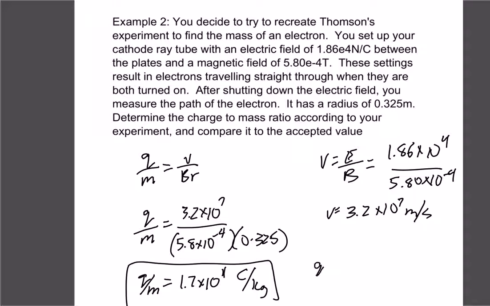So we know now that the charge of an electron is 1.6 to the negative 19, and we know the mass of an electron is 9.11 to the negative 31. So if we actually divide those out, we get 1.76 to the 11. So you can see the numbers are pretty much the same.